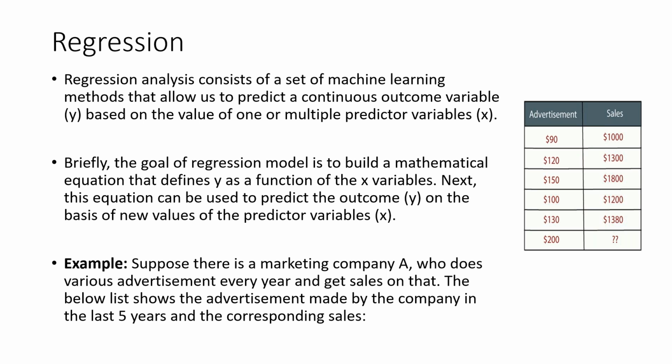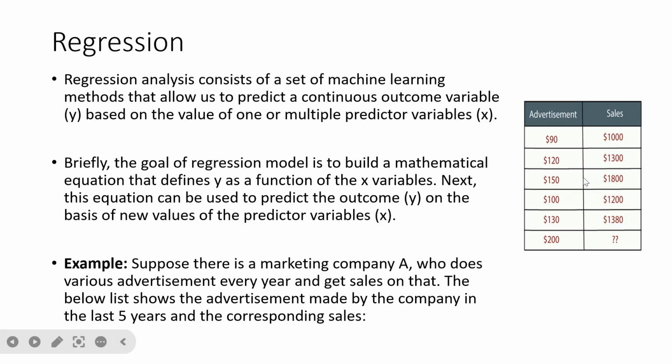A simple example I give you. Suppose, guys, you have advertisement cost as x and sales as y, and you want to predict the sales for the 6th year. You have 5 years of historical data. Based on this, it will create a mathematical equation. Here I can put something like y = 10x + 100, for suppose. X is advertisement. So 900 plus 100,000, it's satisfying, right?